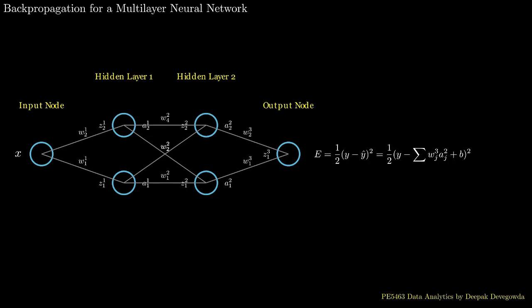So first, let's consider the sensitivity of the error with respect to the weights in one randomly chosen connection to the output. This is going to be given by the derivative of the error with respect to the pre-activation to the output multiplied by the derivative of the pre-activation with respect to the weight.